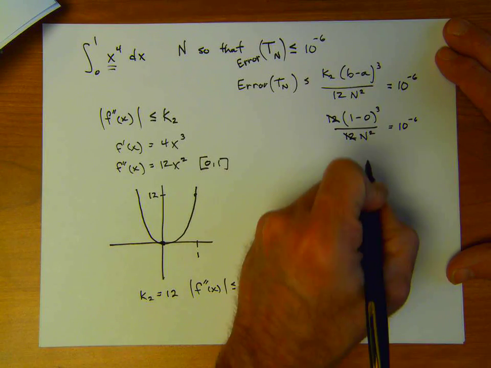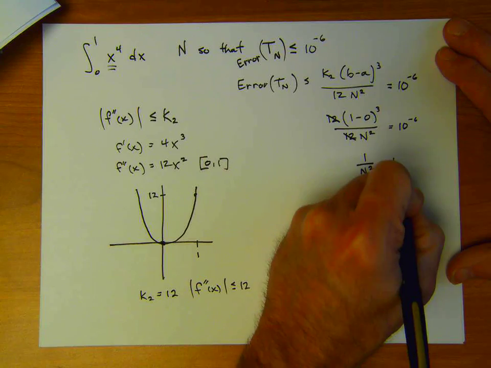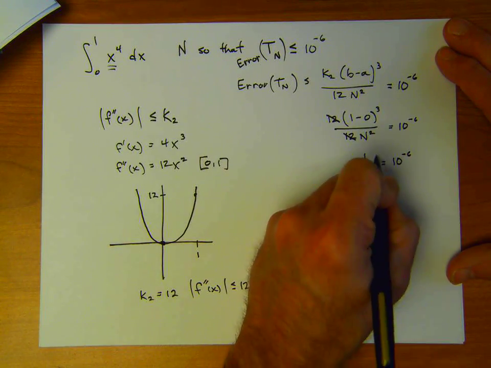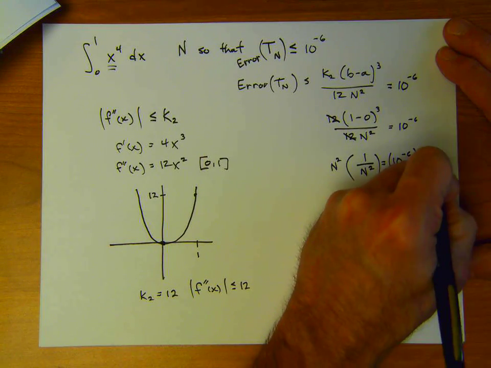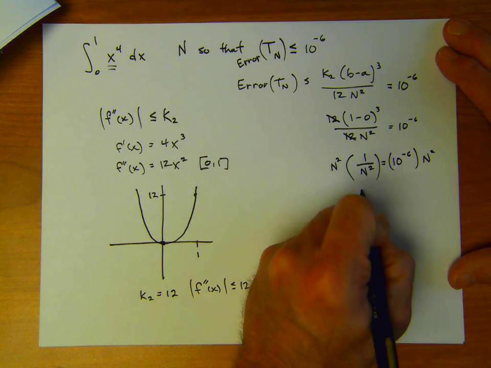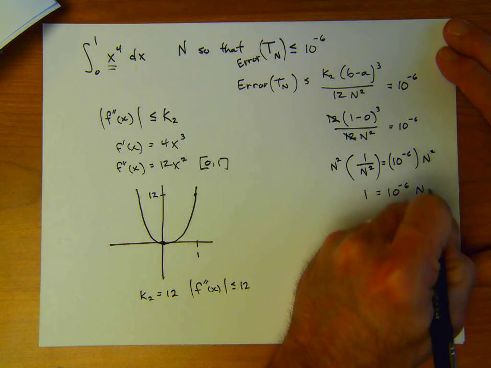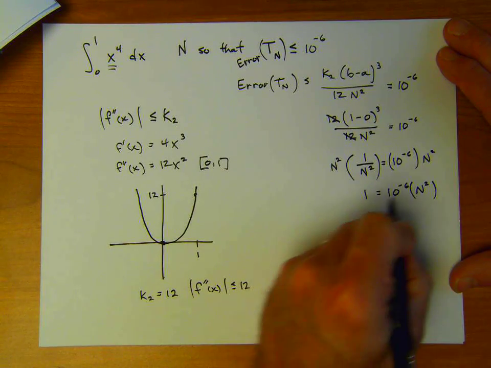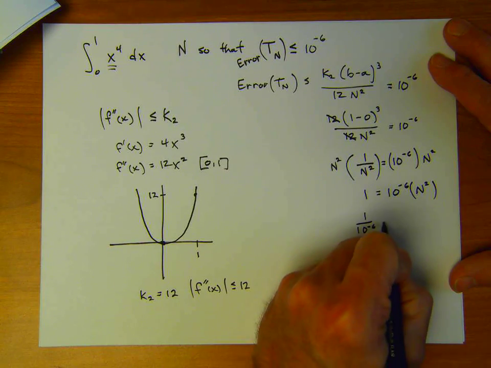That's just 1, so I have 1 over n squared equals 10 to the negative 6. And I want to solve for n, so let's multiply both sides by n squared. So now I get 1 equals 10 to the negative 6 times n squared. And then I can divide both sides by 10 to the negative 6. So I have 1 over 10 to the negative 6 equals n squared.